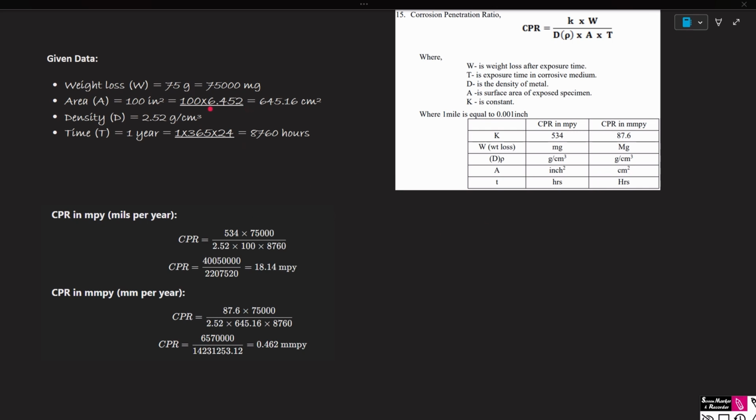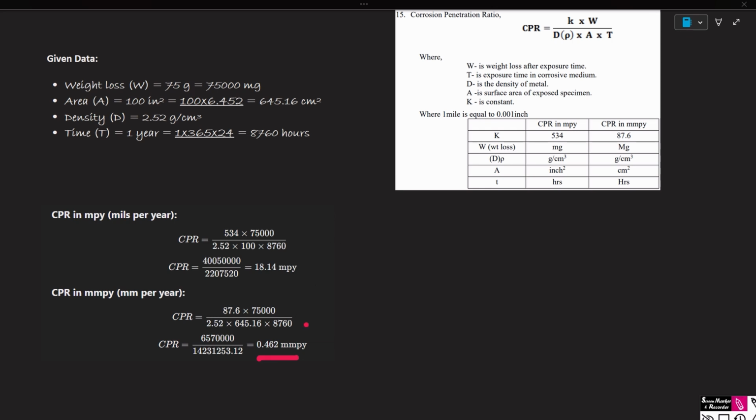We converted it just by multiplying by 6.452, so we get 645.16. Write it down here, and the time remains the same, in hours, 8760. Anything they have given in years, just multiply with the days and with the hours, and we get the required hours. On calculating the numerator and denominator, we are going to get 0.462 MMPY.